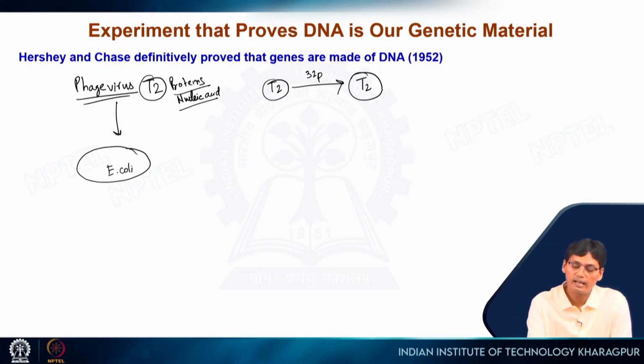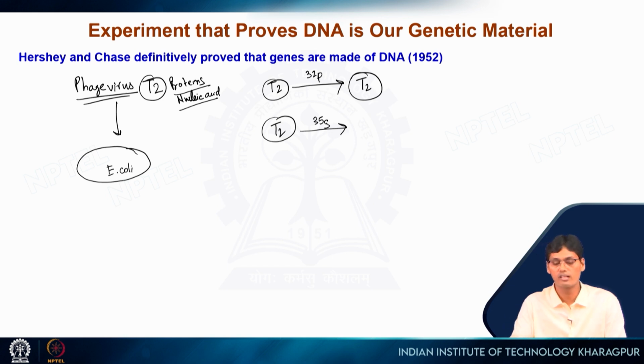In another experiment, they labeled the bacteriophage with radioactive sulfur, 35S. So again they got T2, but with radioactive sulfur label. This is sulfur and this is radioactive phosphorus. Now, as I already told before, phosphorus is present in DNA or nucleic acid.